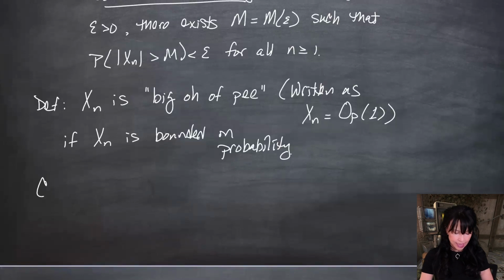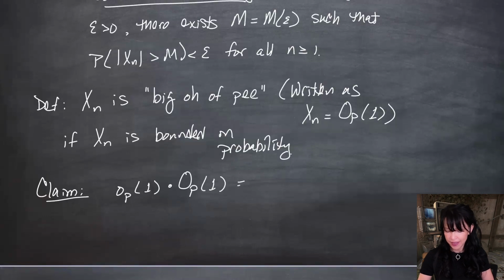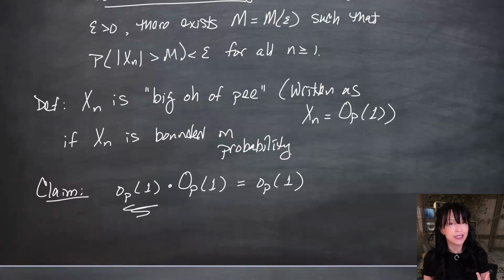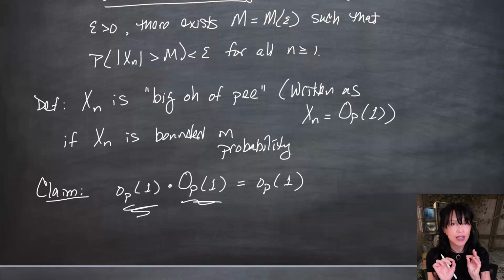Okay, I claim that if you take a little op of 1 function and you multiply it by a big op of 1 function, you get something that is little o of p of 1. This represents some function, some randomness, some random variable or function of random variables that is going to 0 in probability. This represents some random variables that are bounded in probability. So something going to 0 times something that's not blowing up should be going to 0, which is what it's saying over here. The product of those two things should be going to 0 in probability.